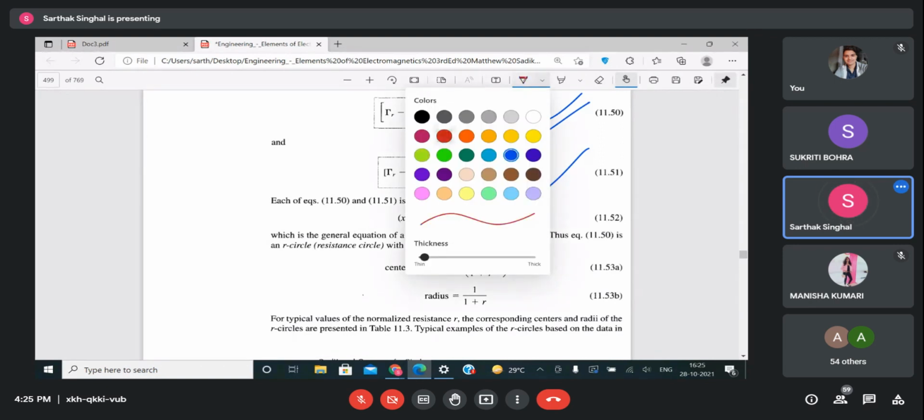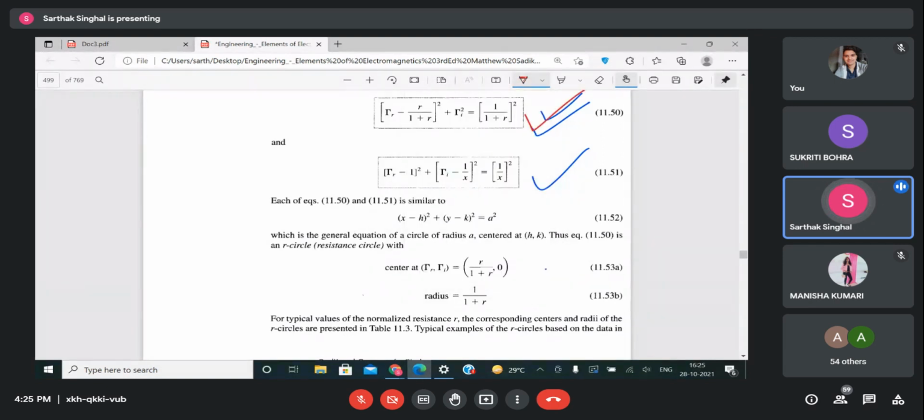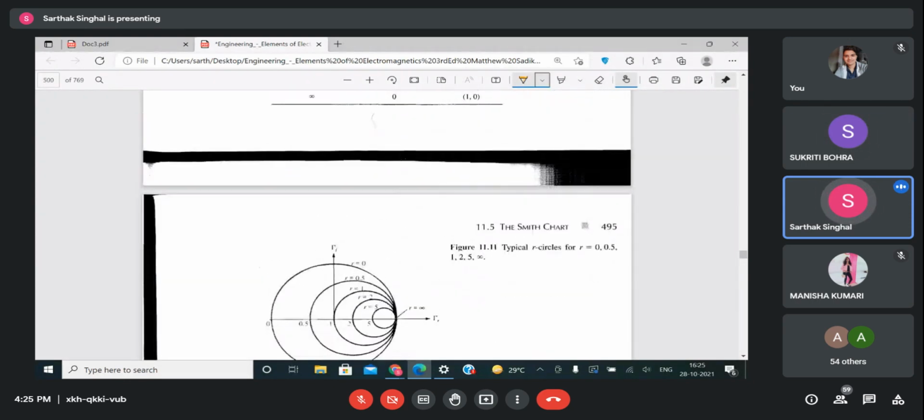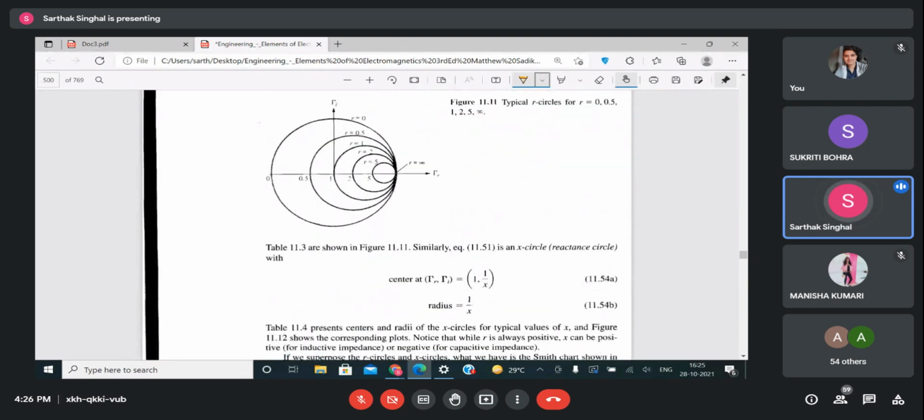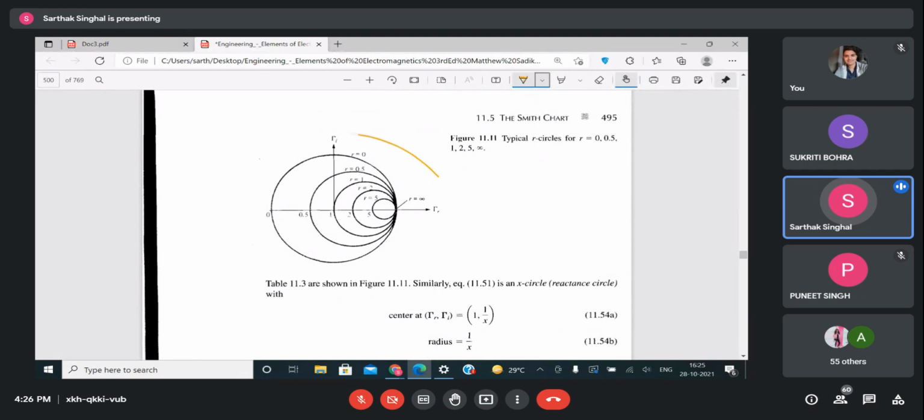Okay, and the second one will be your reactance circle, right? Yes, sir. So if I draw these two circles, will they take this kind of format for the resistance circles?